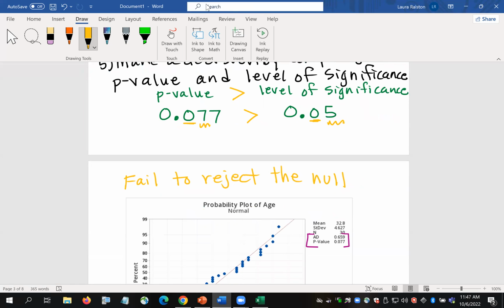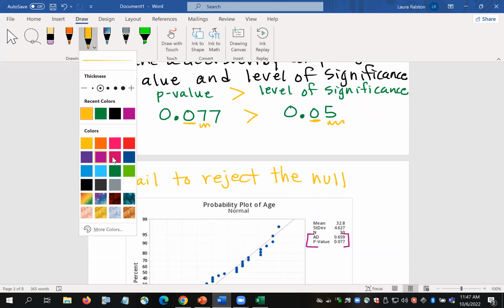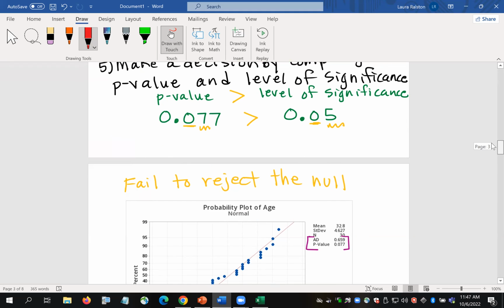Now again, we need to think about what that means. What does it mean to fail to reject the null?